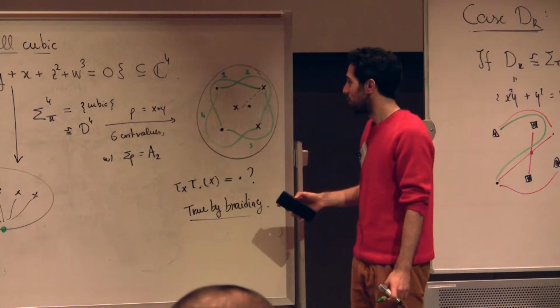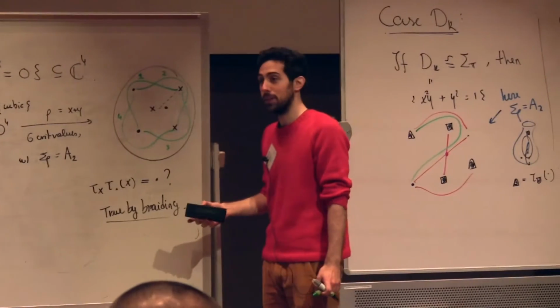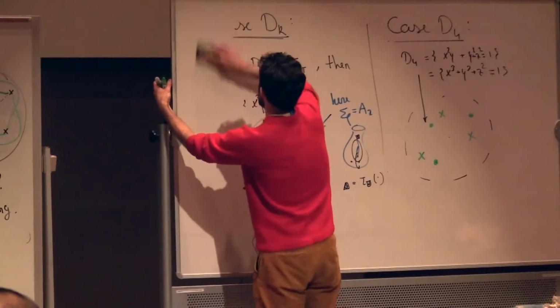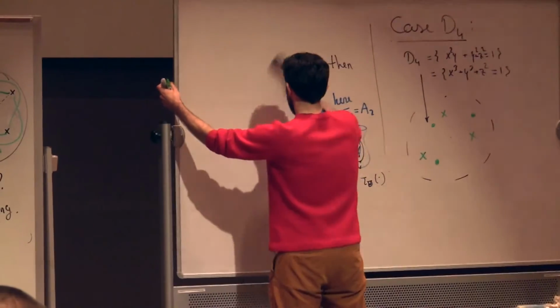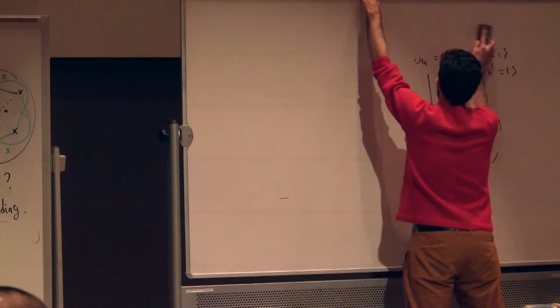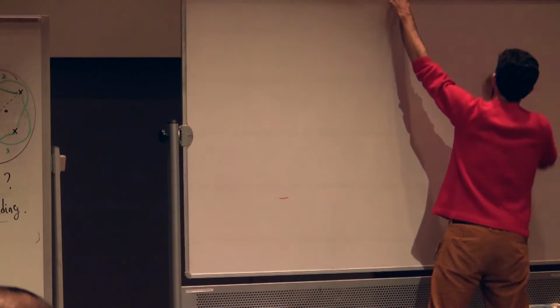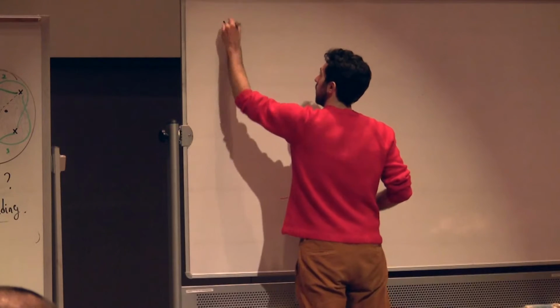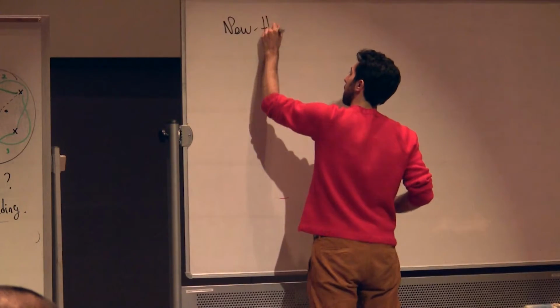But now, what was the problem here? Is that, well, try to find a nice D4 basis of this. Well, you can do that. But you'll notice something happening. So now the basis.